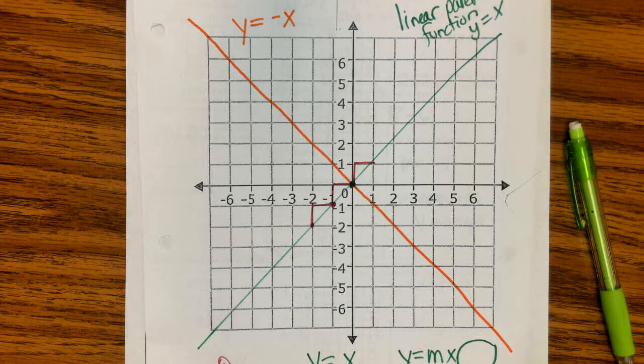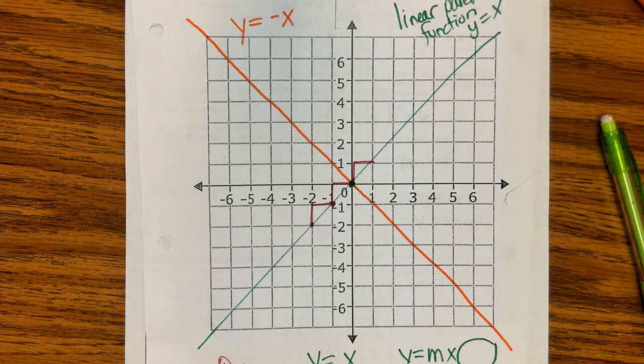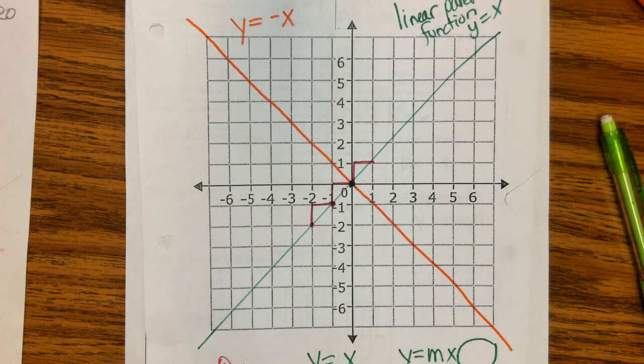All right, we can talk about one more thing before we finish here. If I tell you I need you to draw me a line for x equals 4, where would you draw that line?